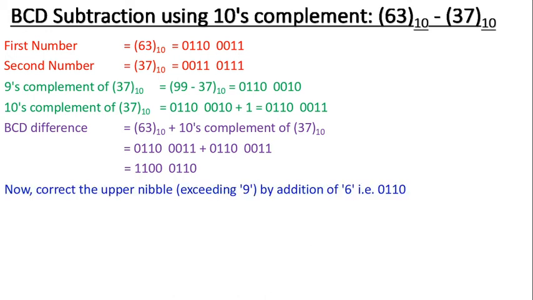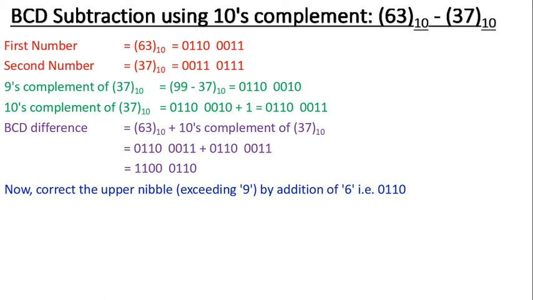Now in this BCD difference, we correct the upper nibble, because the difference has two nibbles: 1100 the upper nibble and 0110 the lower nibble. The lower nibble is well below 9, while the upper nibble exceeds 9. That's why, in the next line, we correct the upper nibble, which is exceeding 9, by adding 6 decimal, that is 0110.